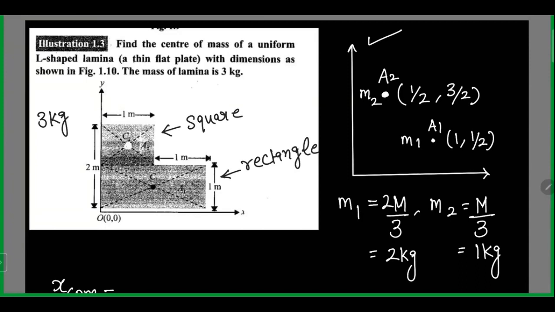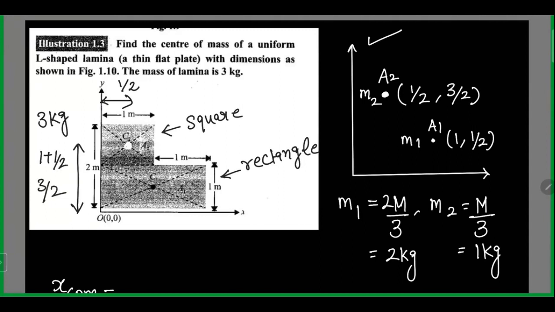Now, if you clearly see, the x distance of this point is this much, which is 1/2 of 1, which is half. Similarly, the y distance of this point is 1 plus half, which is 3/2.